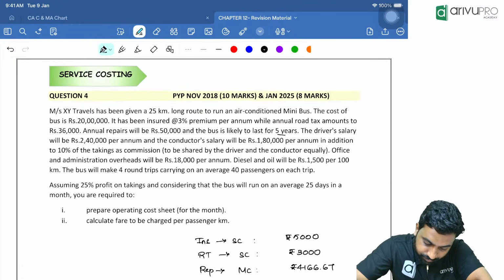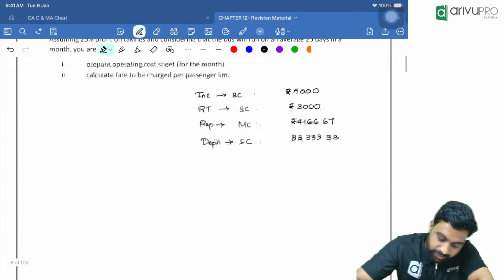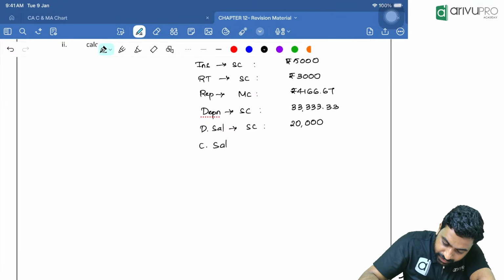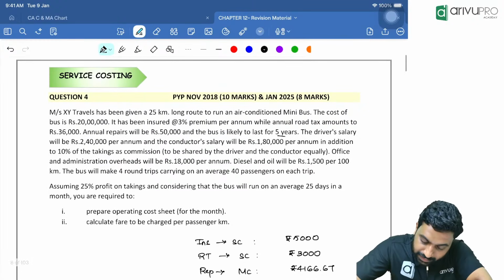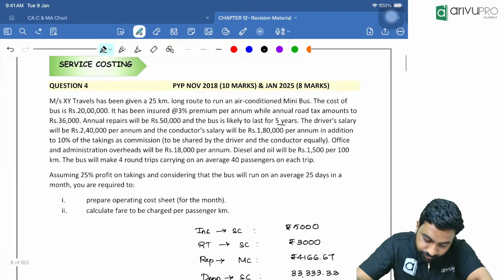Next, driver salary will be 2,40,000 per annum, so standing charges 20,000 per month. Conductor salary is 1,80,000 per annum, which is 15,000 per month.